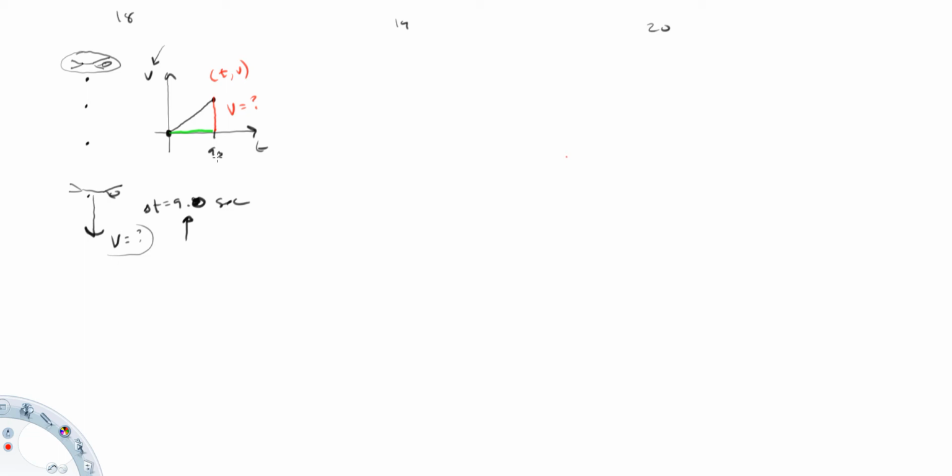Now, these graphs have two important properties: slope and area. Let's start with the slope of this line. Remember, slope is rise over run. That's a change in v, and the run is a change in t.